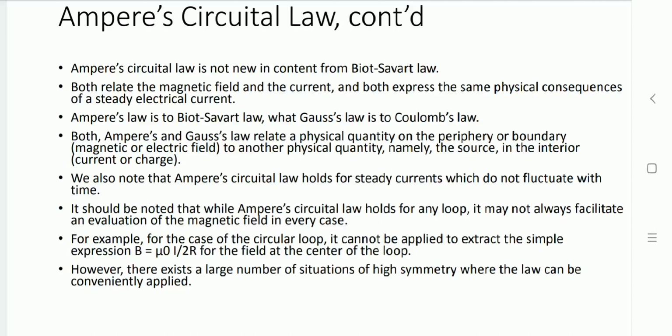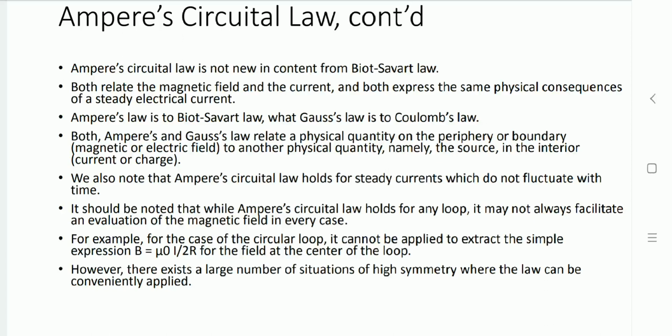Ampere's law and Gauss's law are both given based on a boundary condition, a surface condition, including a physical quantity like a source, current or charge.